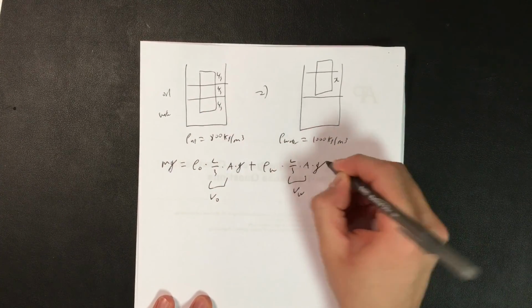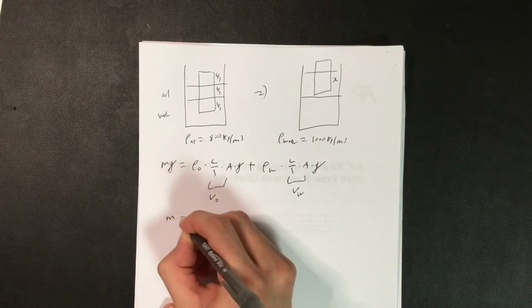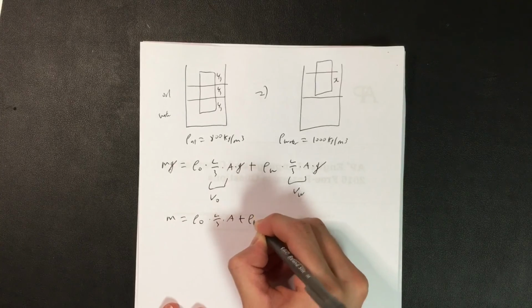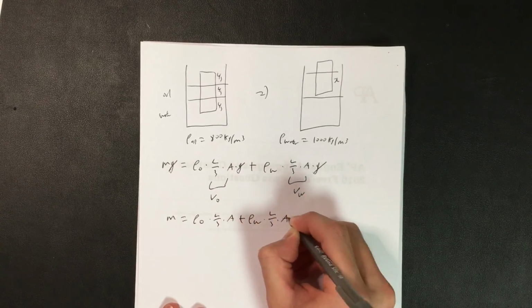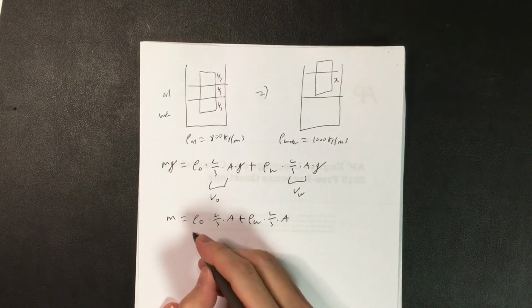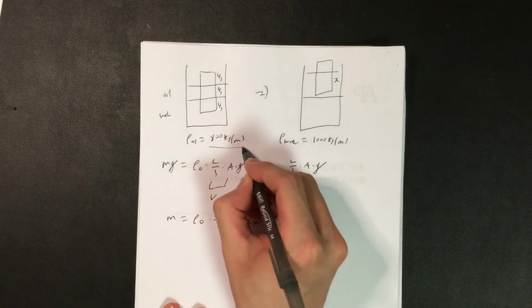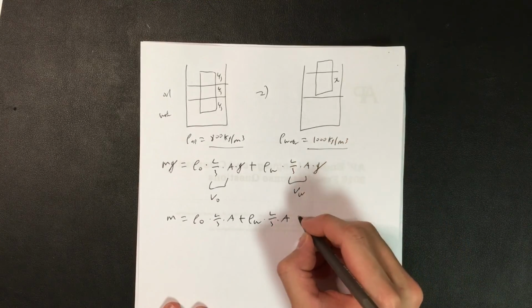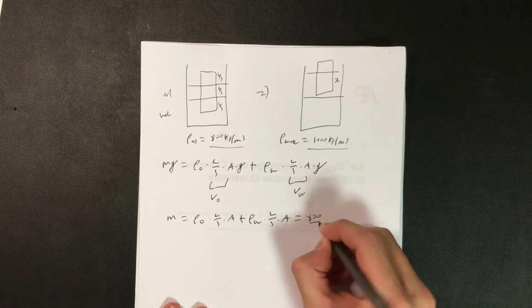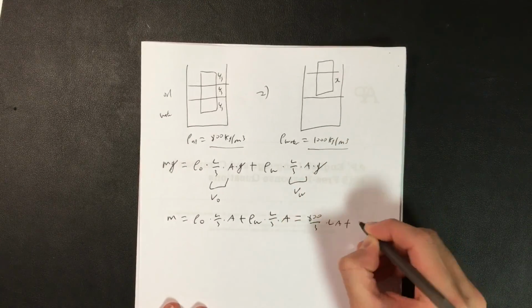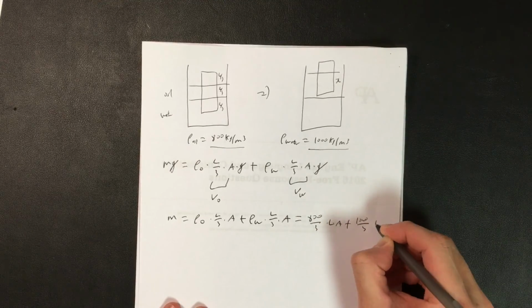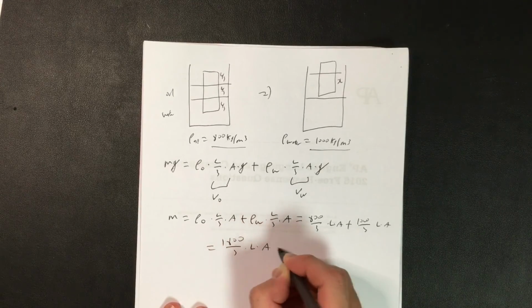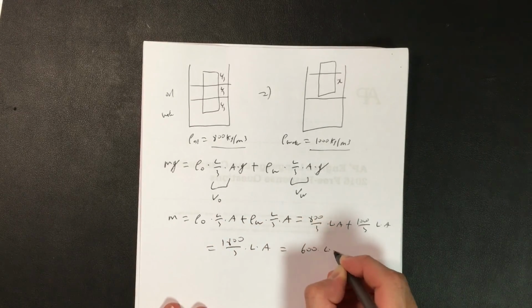Canceling out the gravitational acceleration, I get m equals rho oil times L/3 times A, plus rho water times L/3 times A. Since rho oil equals 800 kilograms per meter cubed and rho water equals 1000 kilograms per meter cubed, this equals 800/3 times L times A plus 1000/3 times L times A, which is 1800/3 times L times A, which equals 600 times L times A.